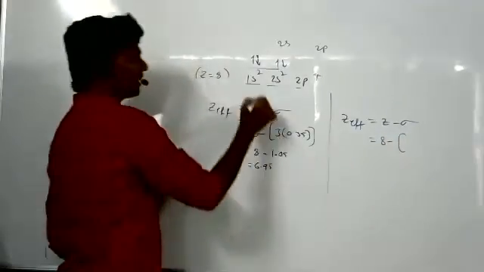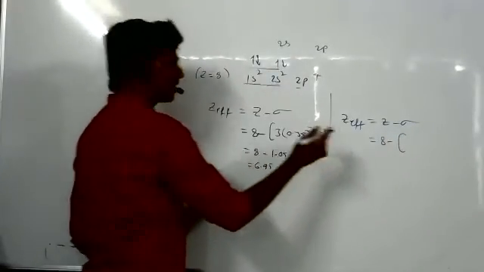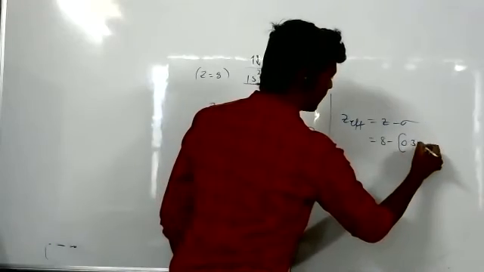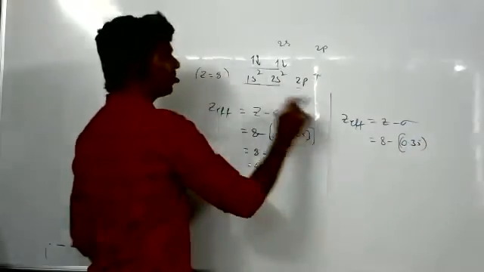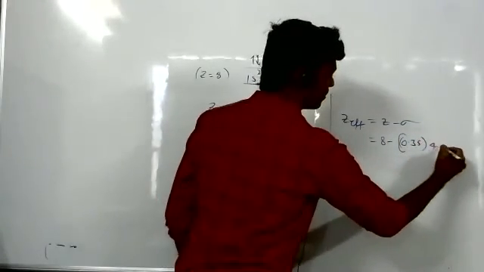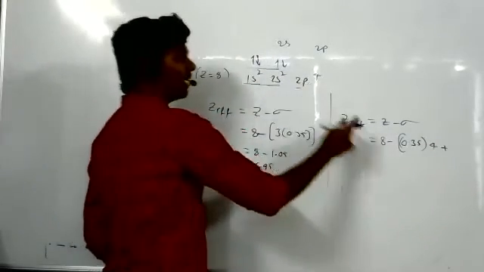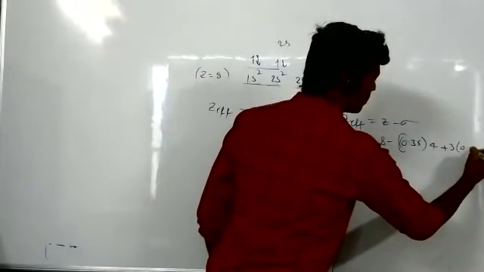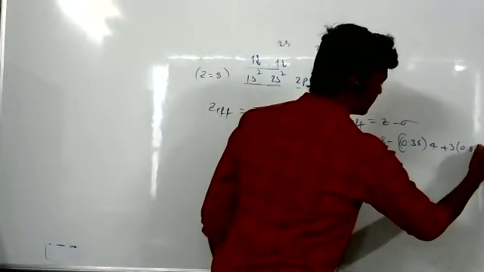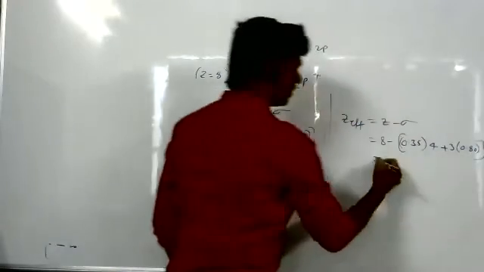Out of 7, the s orbital electrons cause a screening effect of 0.35 into 4, plus the electrons present in p, 3 into 0.8. Now its value changes, no?